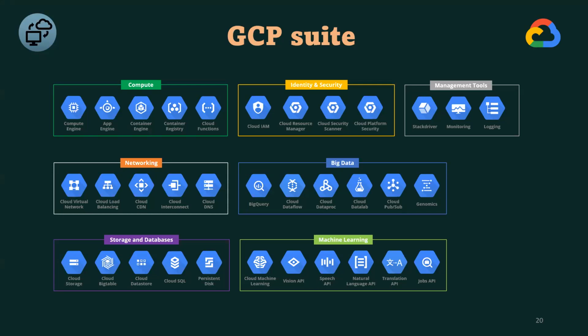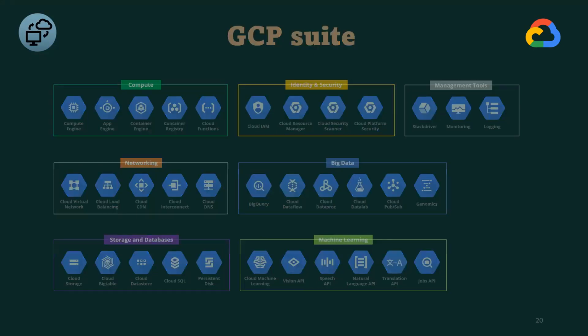Google provides this many services for organizations to build and deploy their applications on Google's infrastructure. If I want to develop an application, process some data, or store some data, what are the methods I can use to interact with the GCP services?